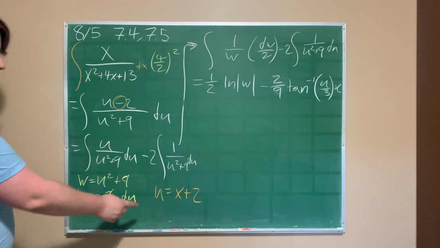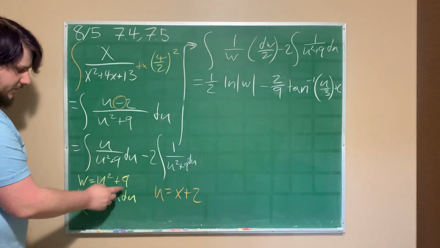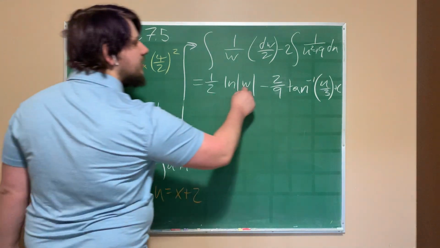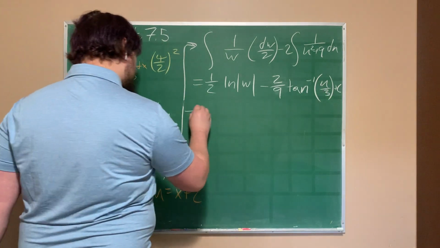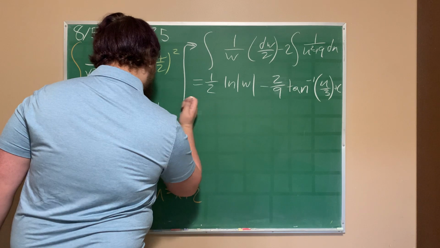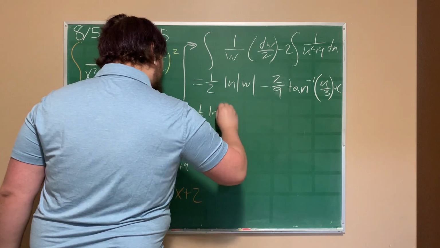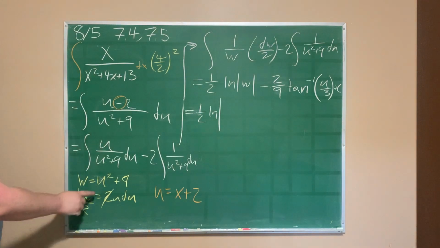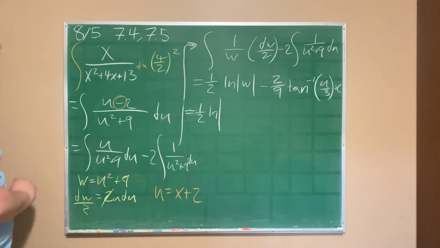We know that u is equal to x plus 2, and we know that w is equal to u squared plus 9. So we can fill in what we need to know here in terms of the variable x instead. So we get 1/2 times the natural log of the absolute value of w, which is u squared plus 9, which means x plus 2 squared plus 9.